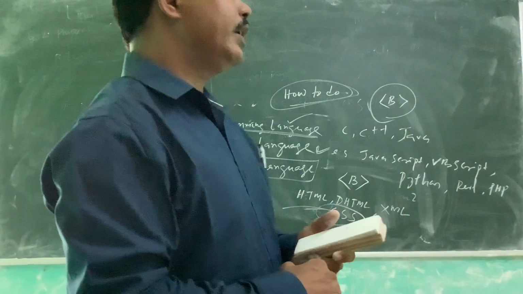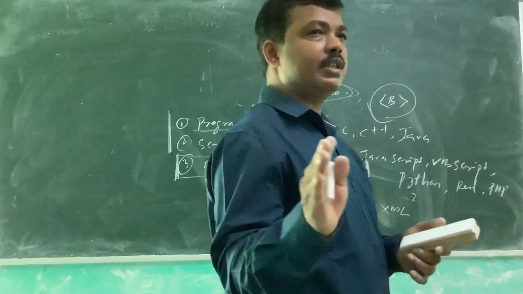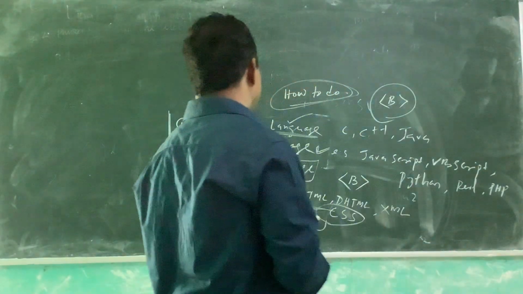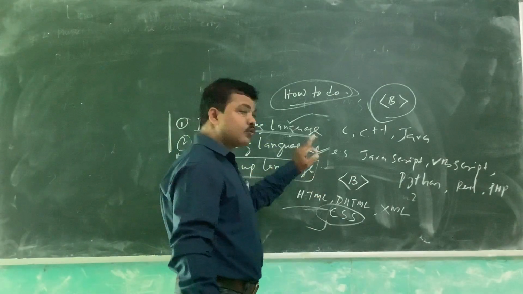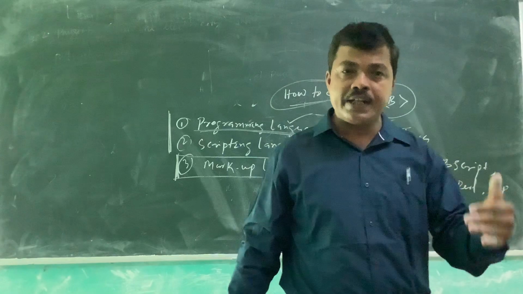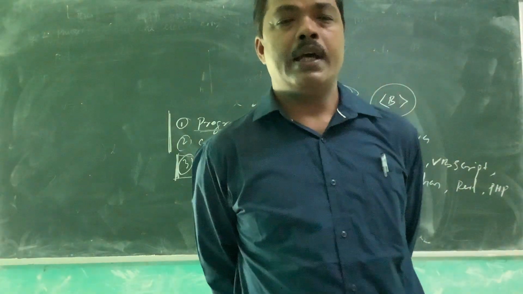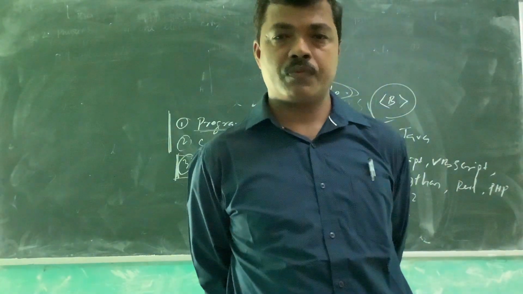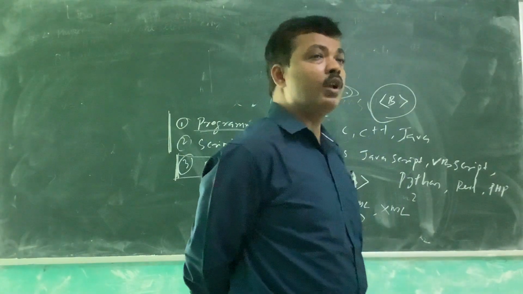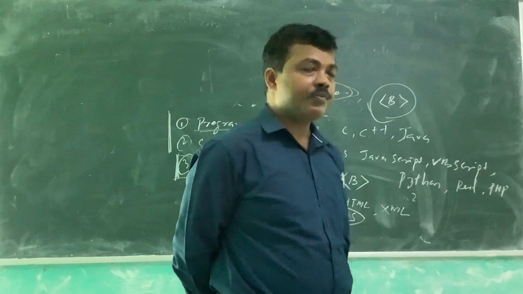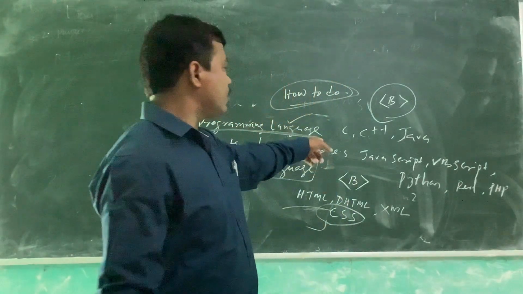Okay. So in markup languages, as I have already told you, there is no need of a translator to translate the human readable instructions into a machine readable or binary form, because it is only supported by tags or codes.